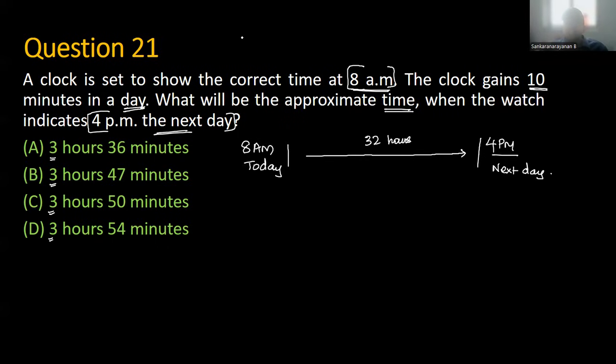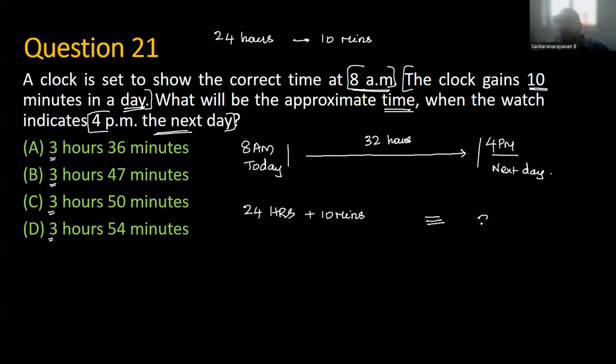So in the question, it is given that in 24 hours, observe carefully, this clock would have gained 10 minutes. The clock gains 10 minutes in a day. That is what is given here. So in 24 hours, the clock gains 10 minutes. So we can consider that 24 hours and 10 minutes for this clock is equivalent to 24 hours in reality.